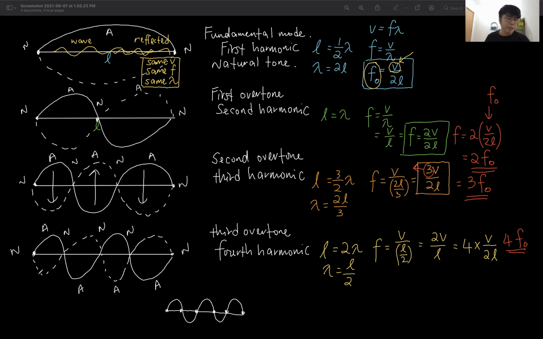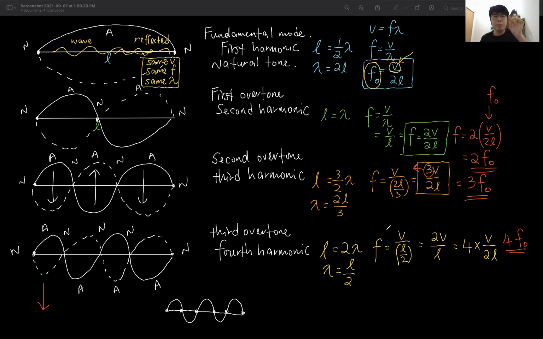You can find the next one, the 5th harmonic, the 6th harmonic, the 7th harmonic, and all the frequencies, it is increased in integral. 1, 2, 3, 4, 5, 6, 7, 8, 9. Okay, so what does all this mean?